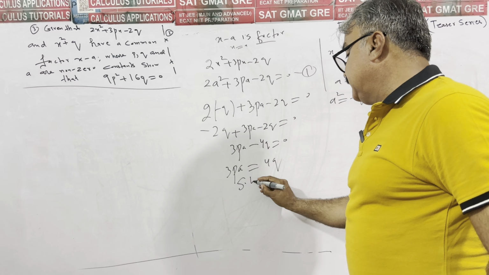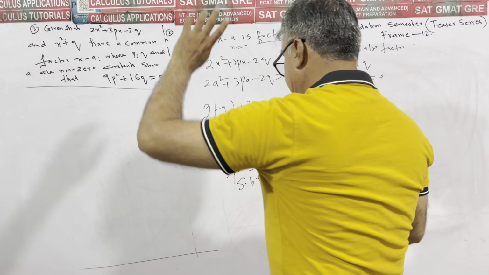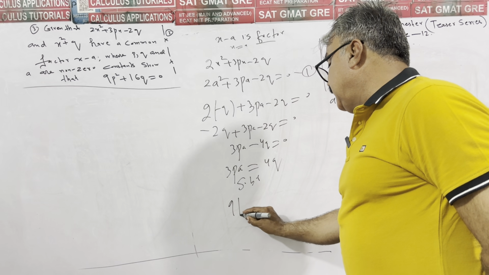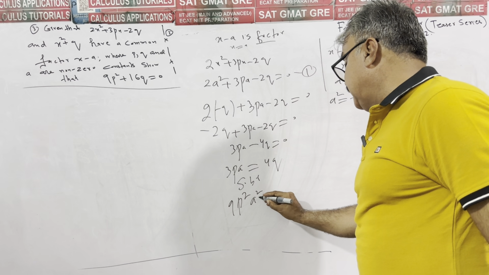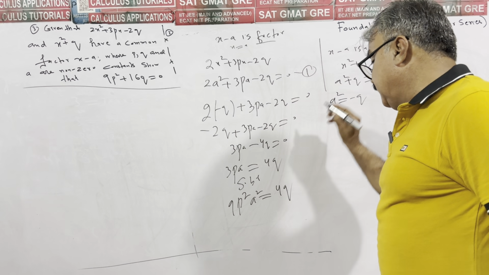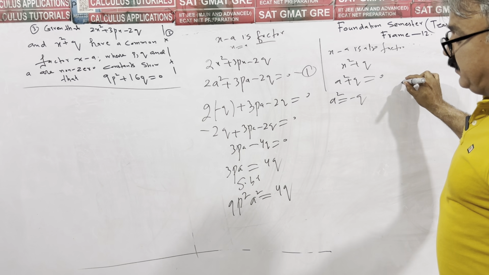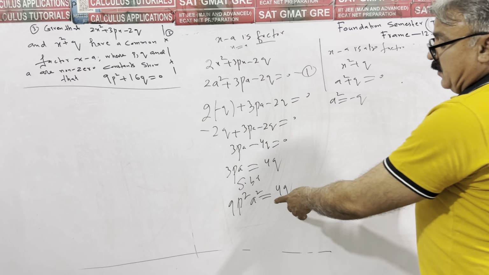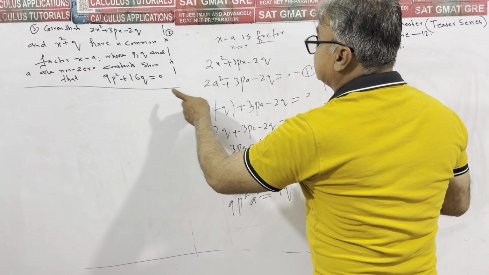Squaring both sides, because there is p square, it is going to be 9p square a square is equal to 16q square. Again we are in a position to utilize the value of a square, that is negative q.